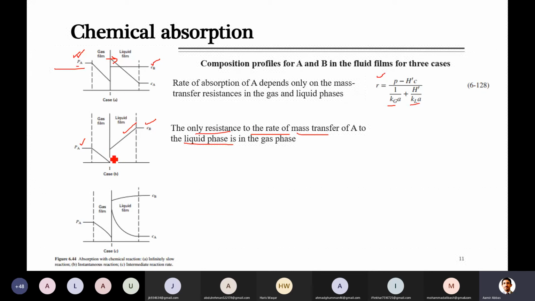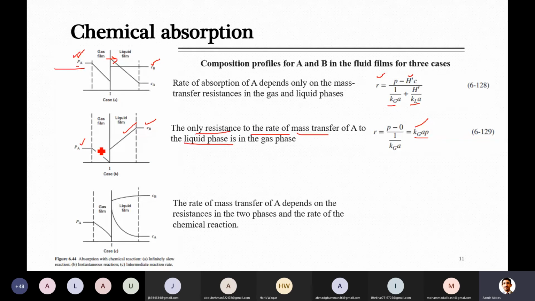No, as it reaches the interface, it will quickly react with B. Due to this, if you compare this with the previous equation, the liquid mass transfer resistance just vanishes in this system. Also, this Henry constant, which is related to the liquid side, is also 0. So the equation is further reduced, and it shows that the rate only depends on the gas side mass transfer resistance.